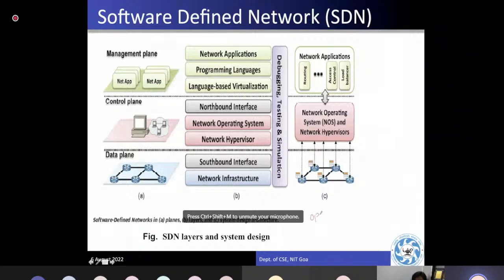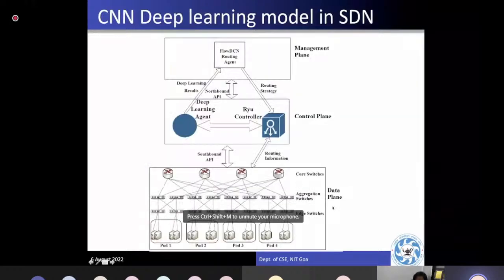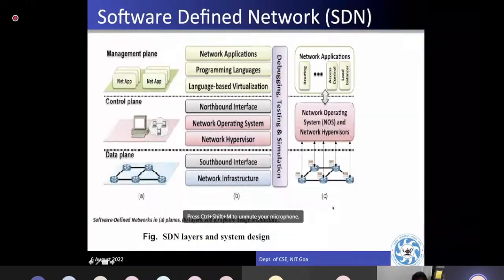It is called OpenFlow. This is one software interface. There are n number of other interfaces, but this is very well known, OpenFlow. Any question here? As Madam said, the questions are at the end.